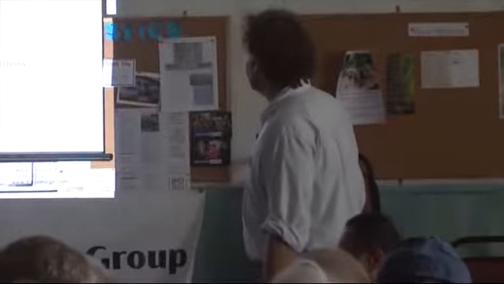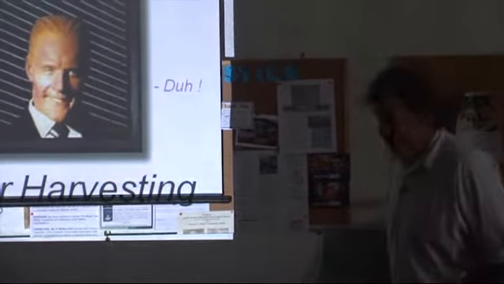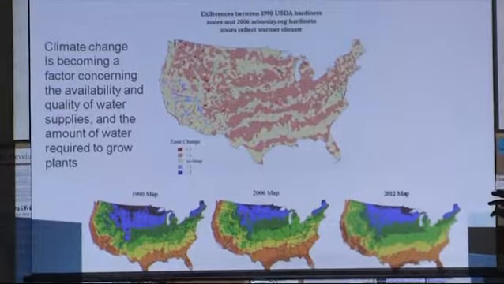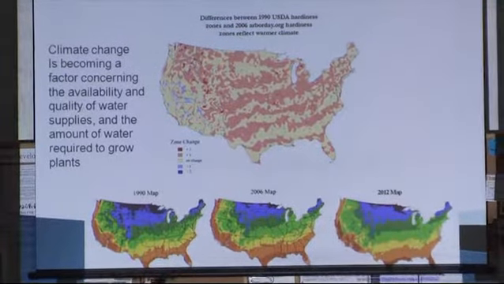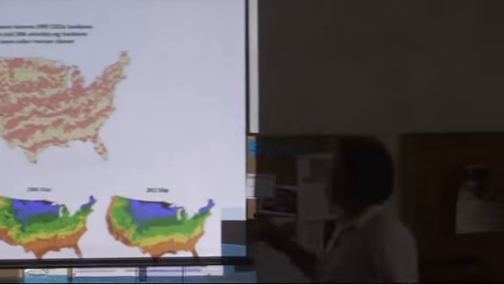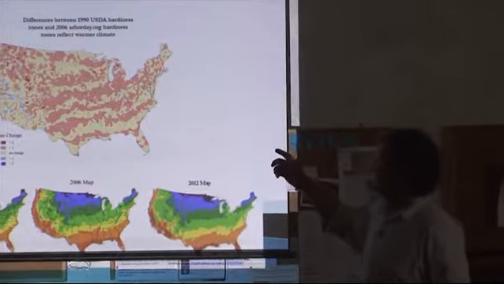Okay, so anyway, we already talked about some of this. Okay, so this slide shows the argument for rainwater harvesting. I have a couple of things to show why it's important. One is the USDA hardiness map.